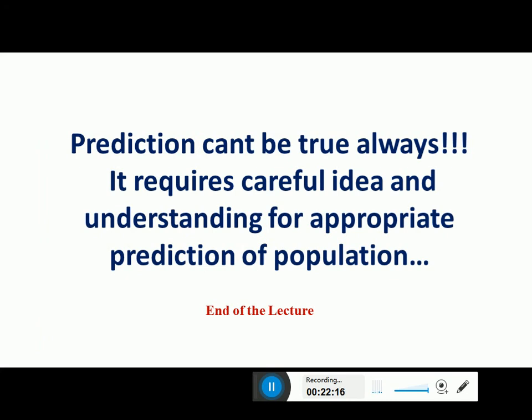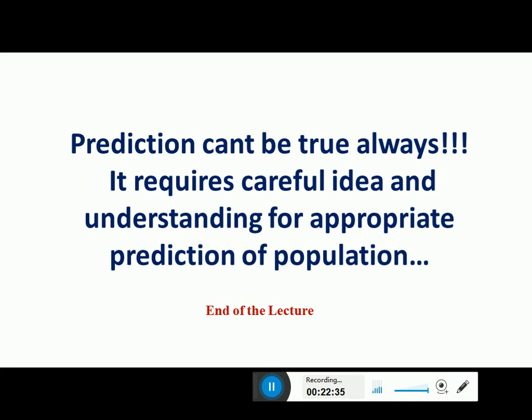Considering all these methods, we have to do careful planning for the prediction of the population. Even though we take care of things like births and deaths, most of the time whatever we predict can't always be true.